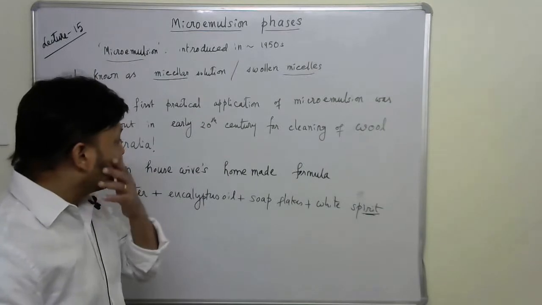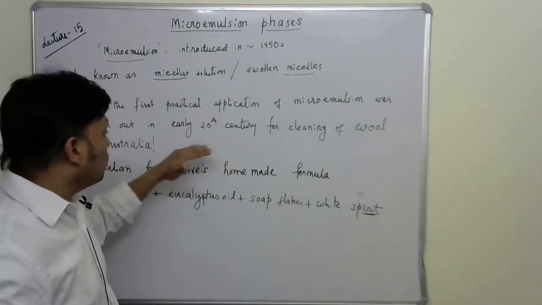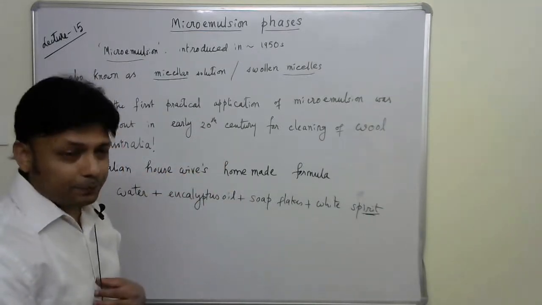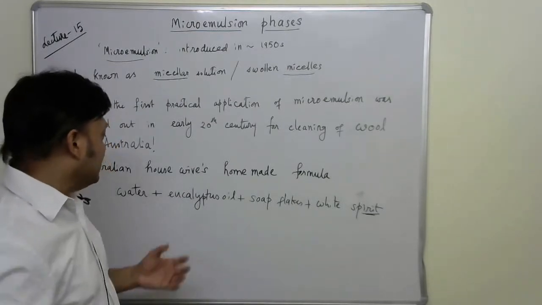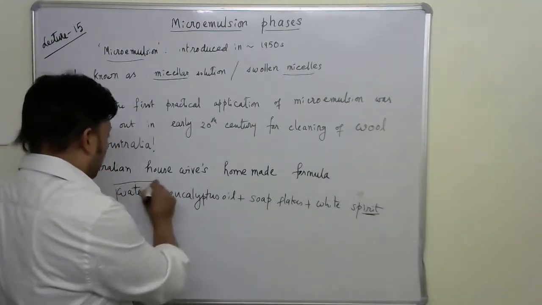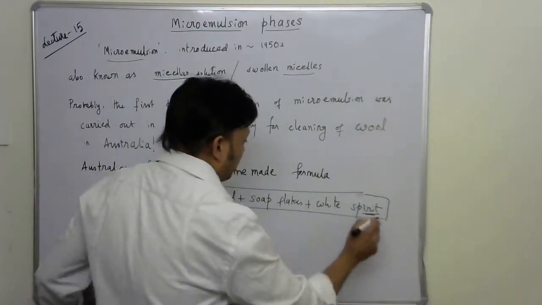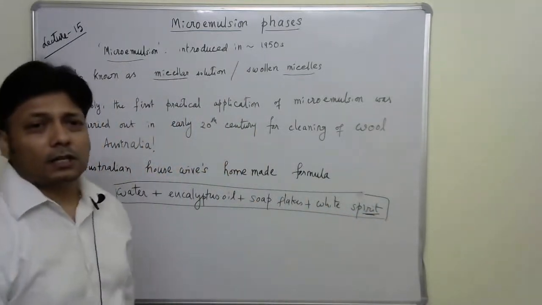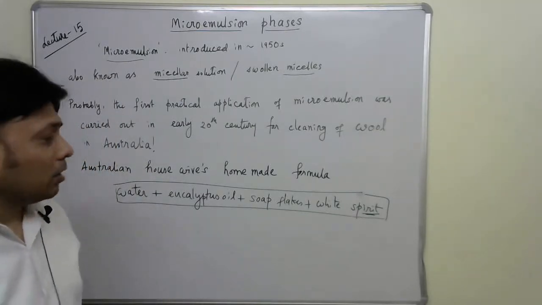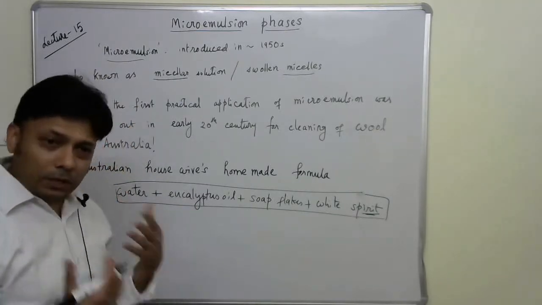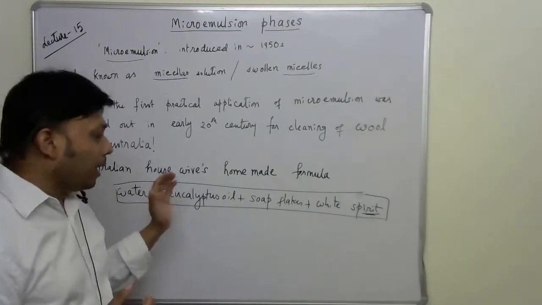With that, they were able to clean the wools quite effectively. So this mixture is known to be the first practical application, or the first documentation, of forming a microemulsion.